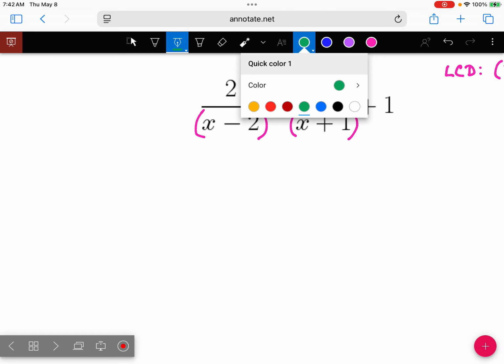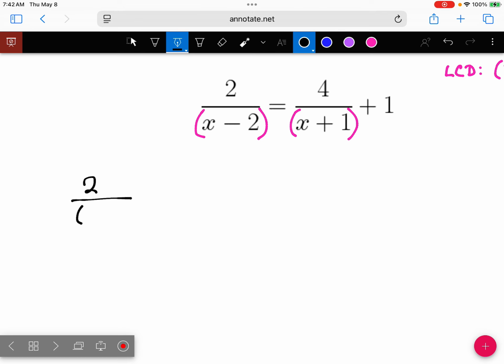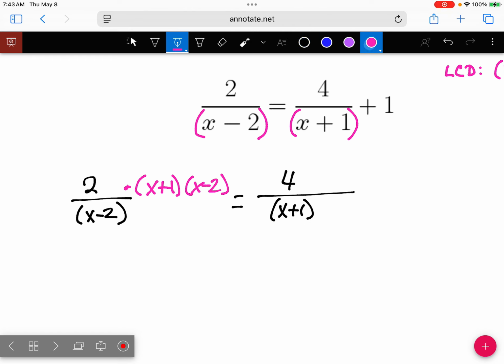So we're going to take our 2 over x minus 2 times our x plus 1, x minus 2. And that's going to be equal to our fraction that has 4 over x plus 1, and this also multiplies by x plus 1, x minus 2.